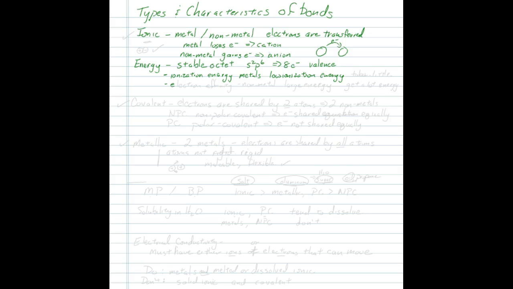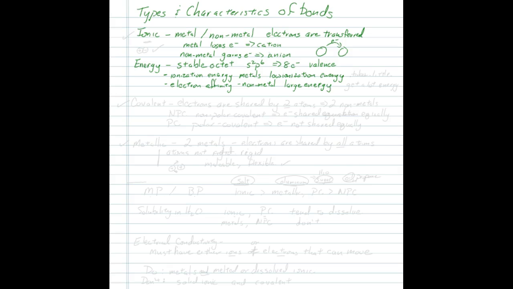And electron affinity: if you have a non-metal, they have a very high or large electron affinity, which means a large amount of energy is produced when you add an electron.